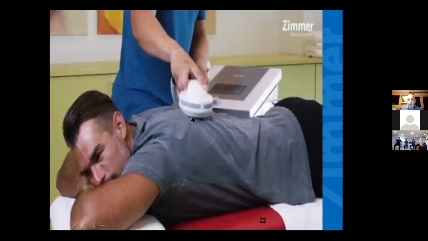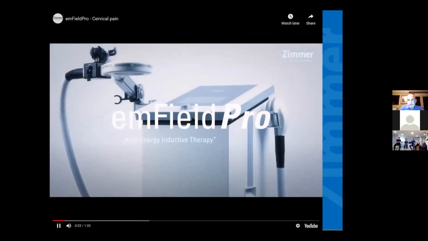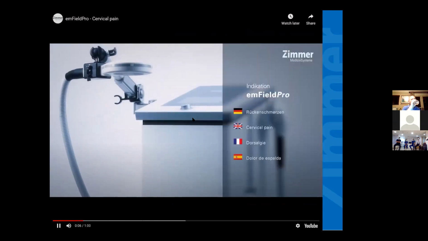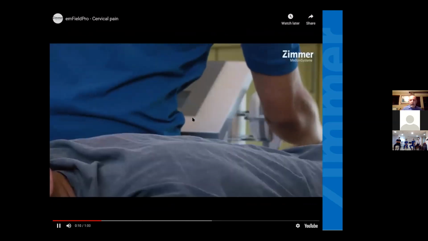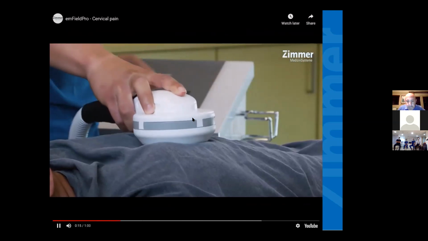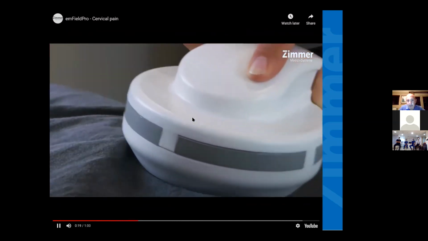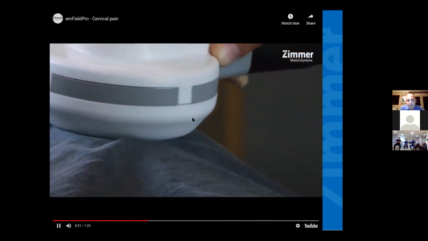We have a little video here, and let's see how it would work on back. You actually can see the contraction through the clothes.